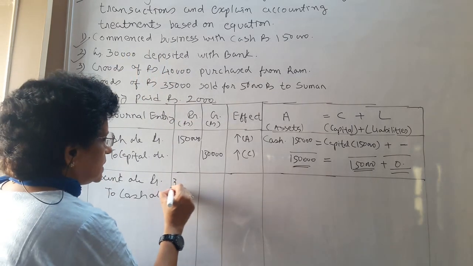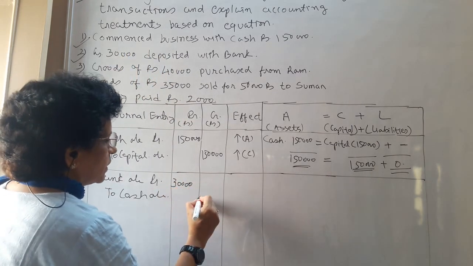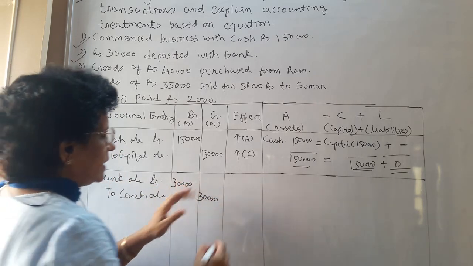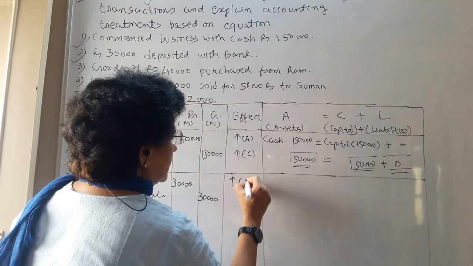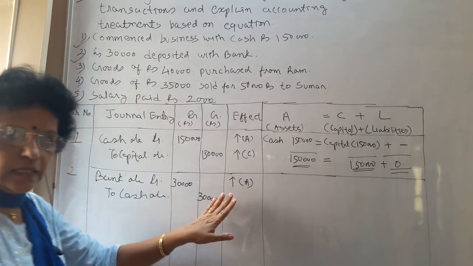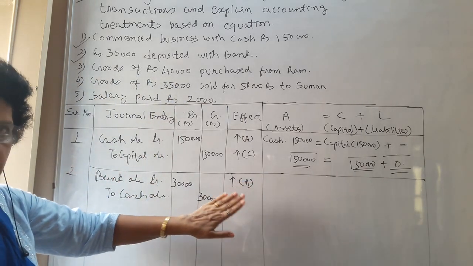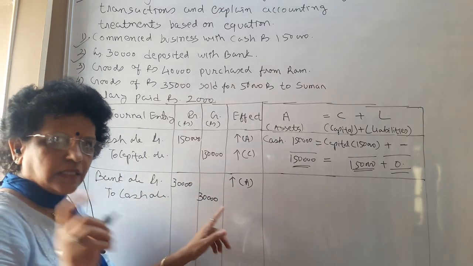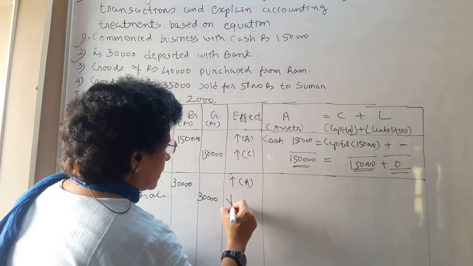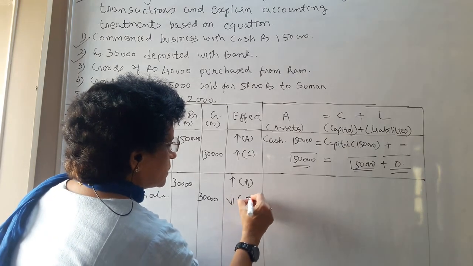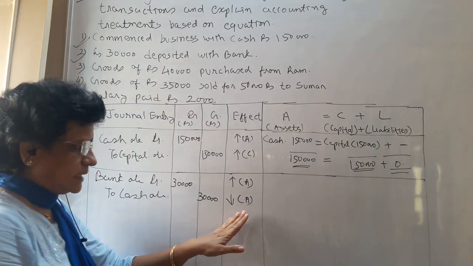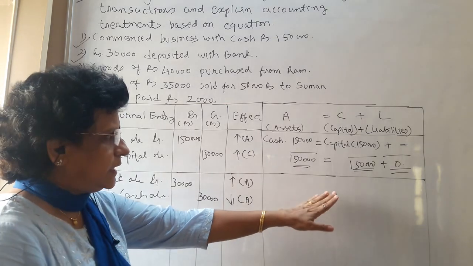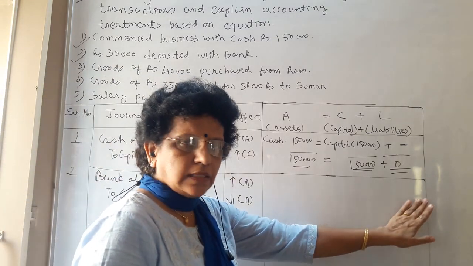The amount is 30,000. So here bank increases. So an increase in asset. Clear? Bank is your asset. You are showing the balance of bank on the asset side. At the same time, cash is also your asset, but cash decreases. So an increase on the asset side and a decrease on the asset side, so there won't be any effect on C plus L.